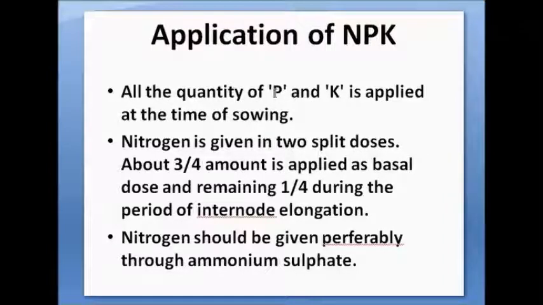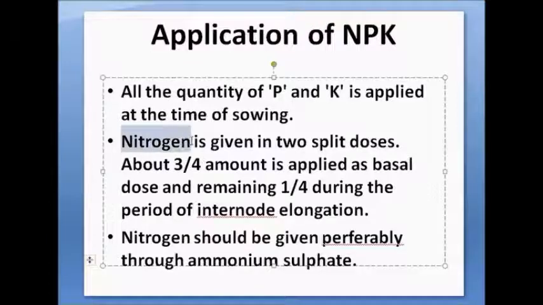First of all, the full dose of phosphorus and potassium is applied at the time of sowing. Nitrogen is given in two split doses.